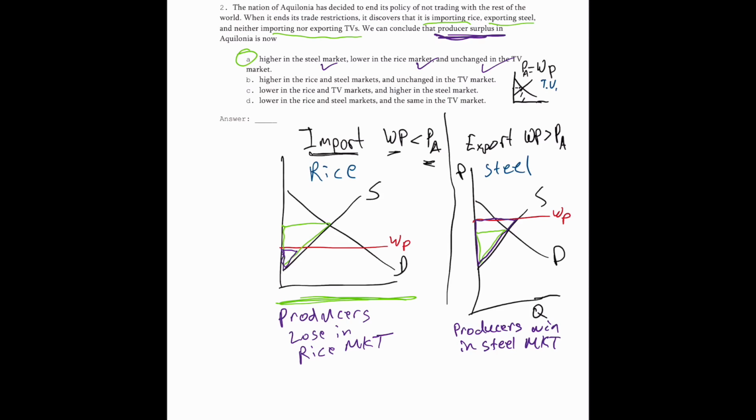So this green area shows us our producer surplus before trade, and this purple area shows us the producer surplus with trade.